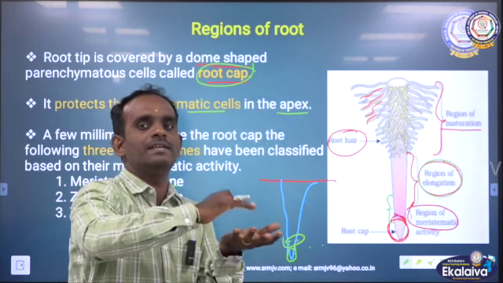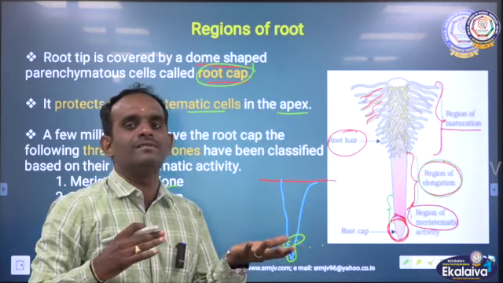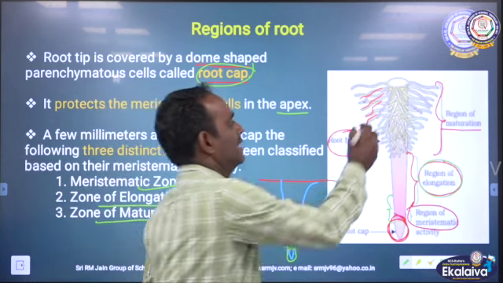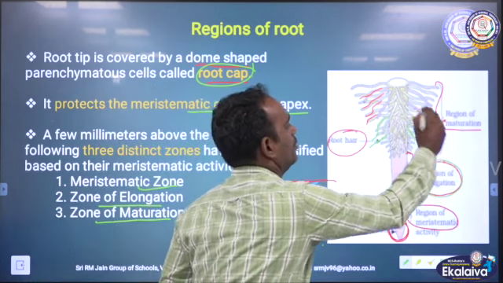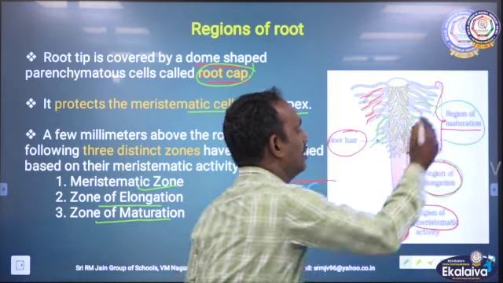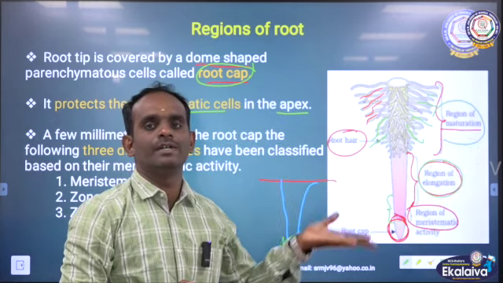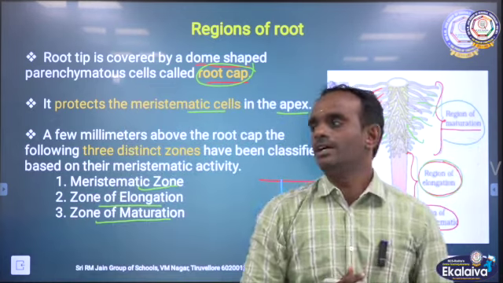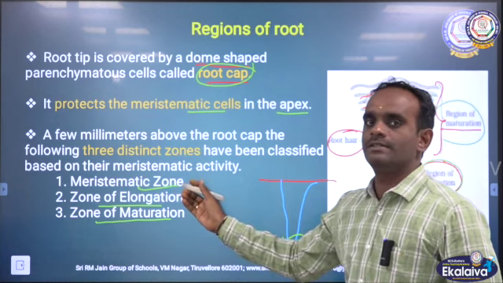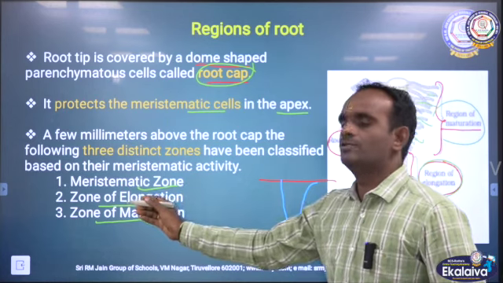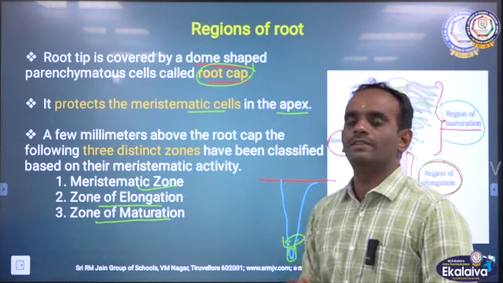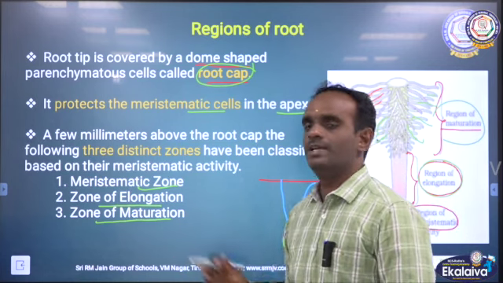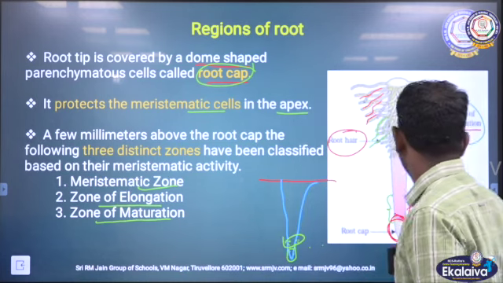It is present just above the meristematic activity zone. And then there will be a maturation zone. It is at the top of the elongation zone. Okay. So three different zones are there. One is zone of meristematic activity, second one zone of elongation, and third one is zone of maturation. Clear, children?